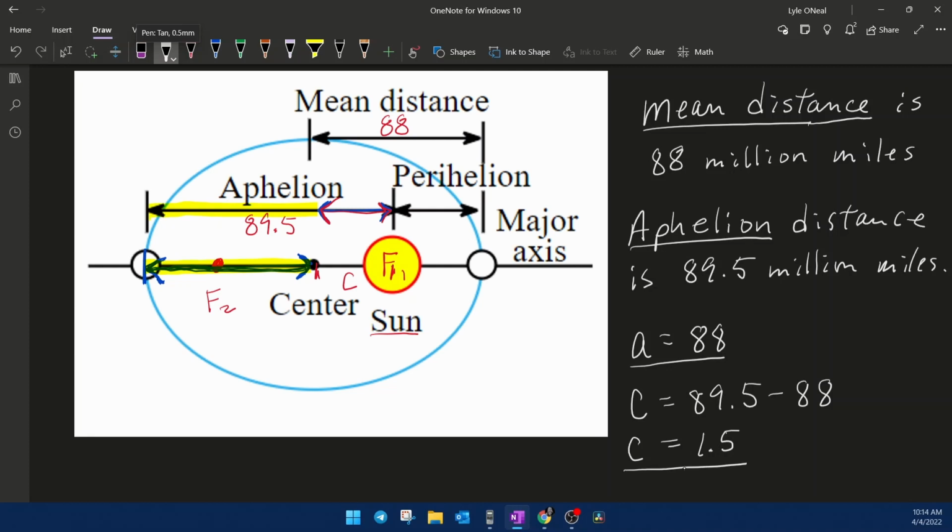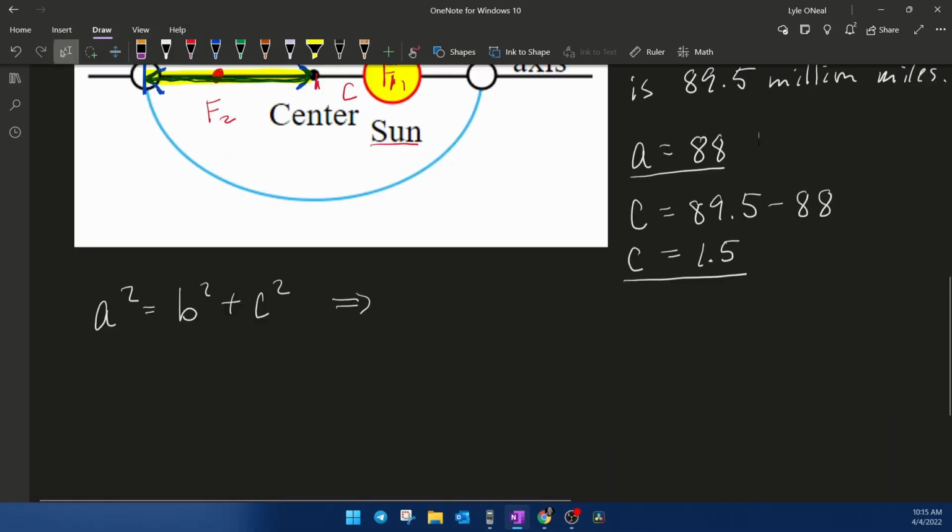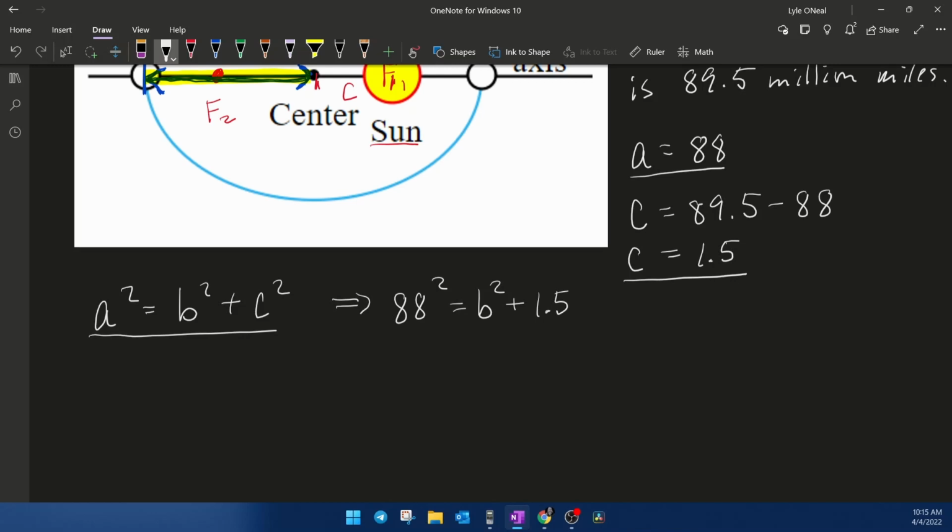And then once I know A and C, remember I can get B from the Pythagorean relationship. So plugging into our Pythagorean relationship, we're going to have A squared, which is 88 squared, equals B squared, which is what I'm looking for, plus C squared, and then I'm going to need to subtract 1.5 squared from both sides.